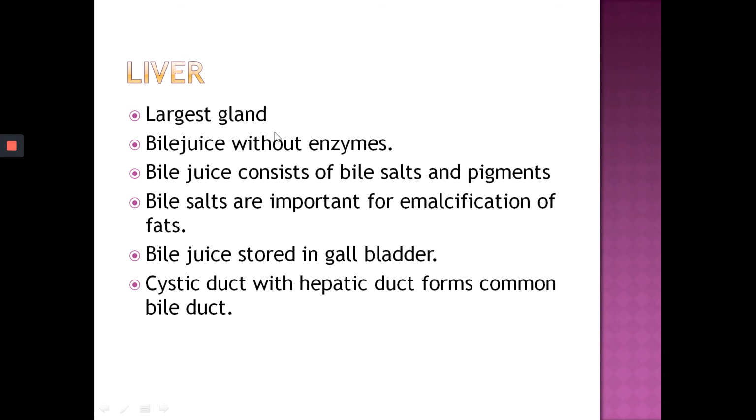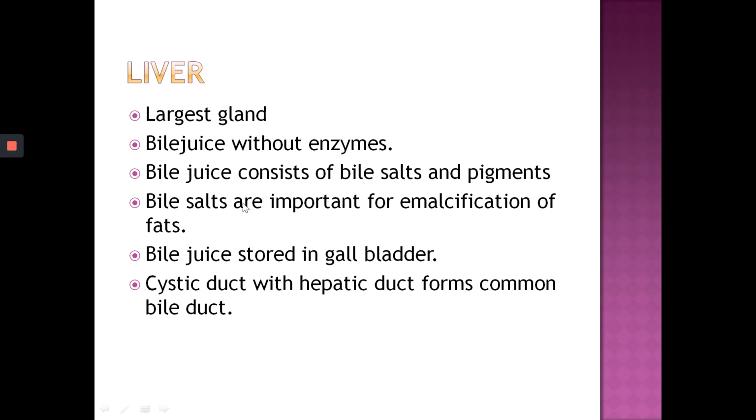But the bile juice doesn't contain any enzymes. Enzymes are totally absent in bile juice. This is very, very important. The digestive gland which doesn't produce enzymes is the liver. The question may be asked like this also.